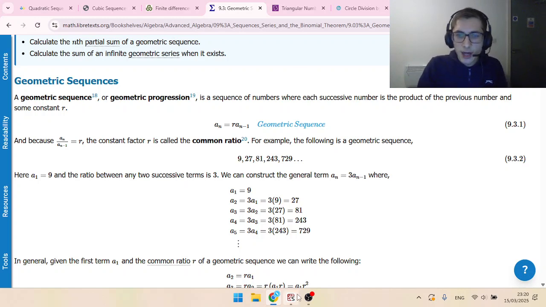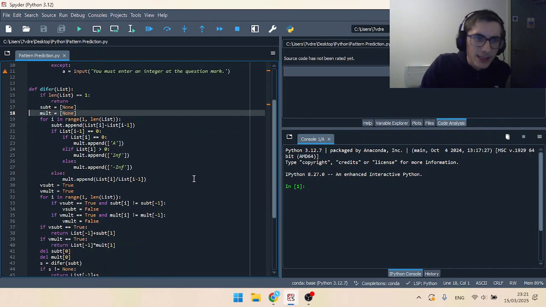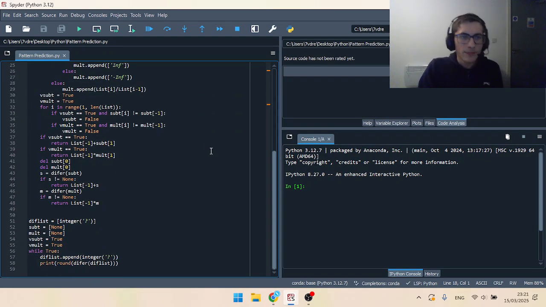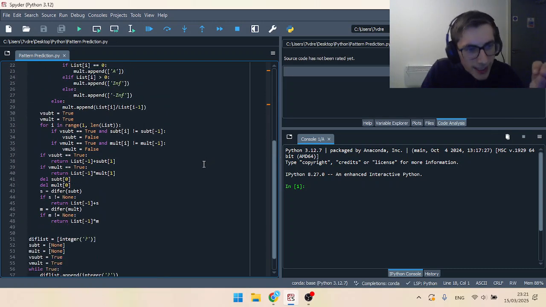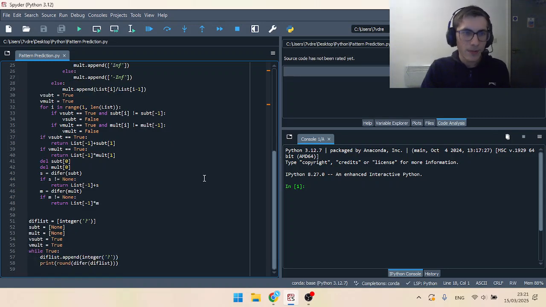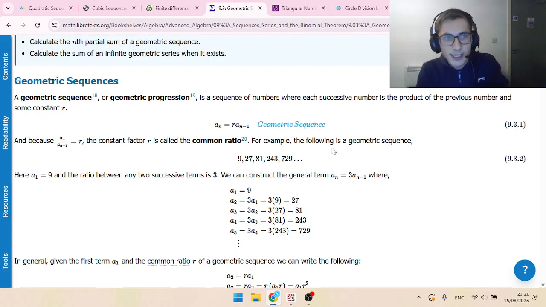Let's have a look at the program. So essentially what I'm doing here is using a recursive algorithm to cycle through and find the differences and the division differences to find those geometric sequences.